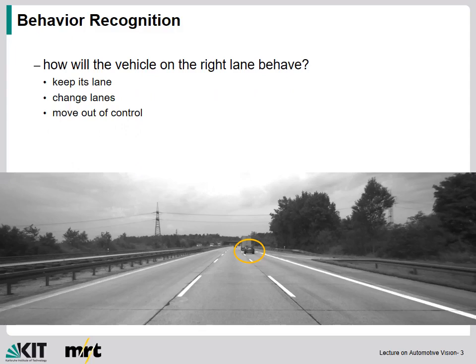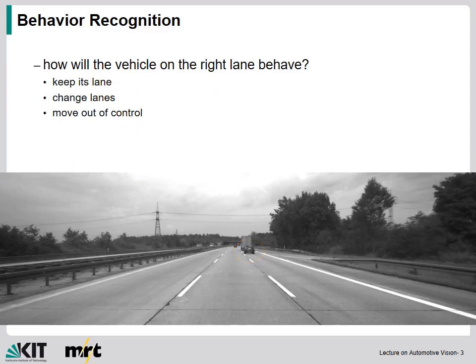So you all are somehow experienced with driving. Maybe you have a driving license yourself, but I'm sure you have joined others in driving on highways, and you might have an idea what this vehicle will do. There might be some arguments in such a situation that the vehicle overtakes, and there might be some arguments to say that it does not overtake.